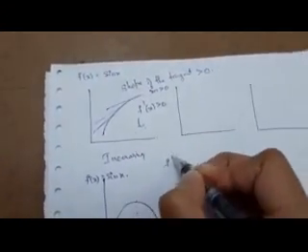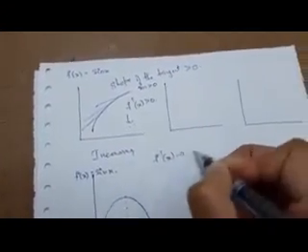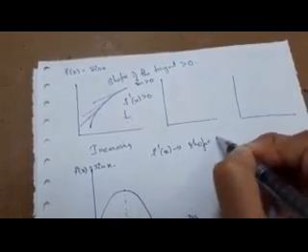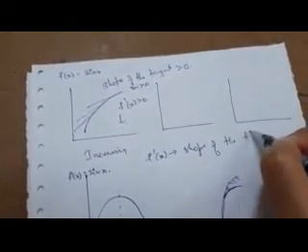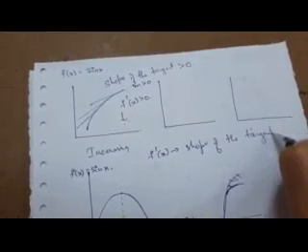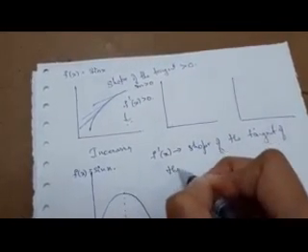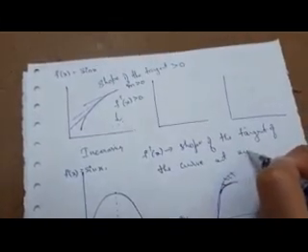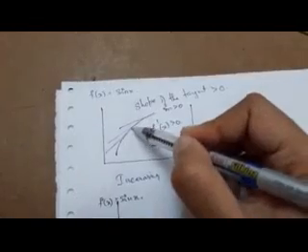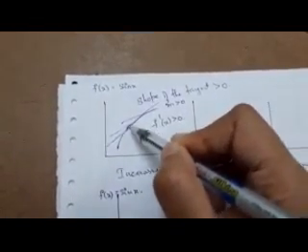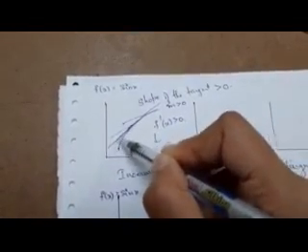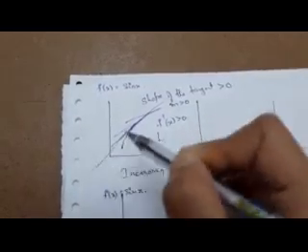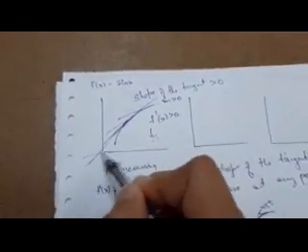So what is this f dash of x? It is nothing but the slope of the tangent of the curve at any point. So at any point, if I draw the tangent and extend that tangent, at what angle does that line cut the x-axis?